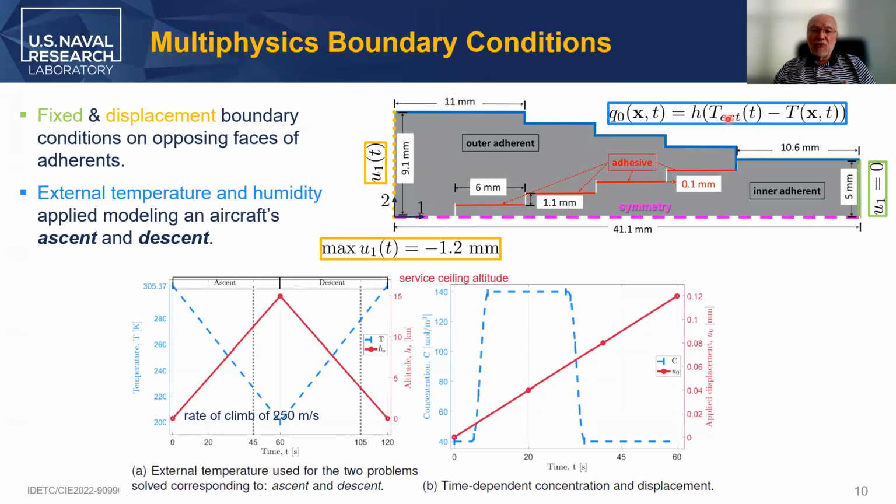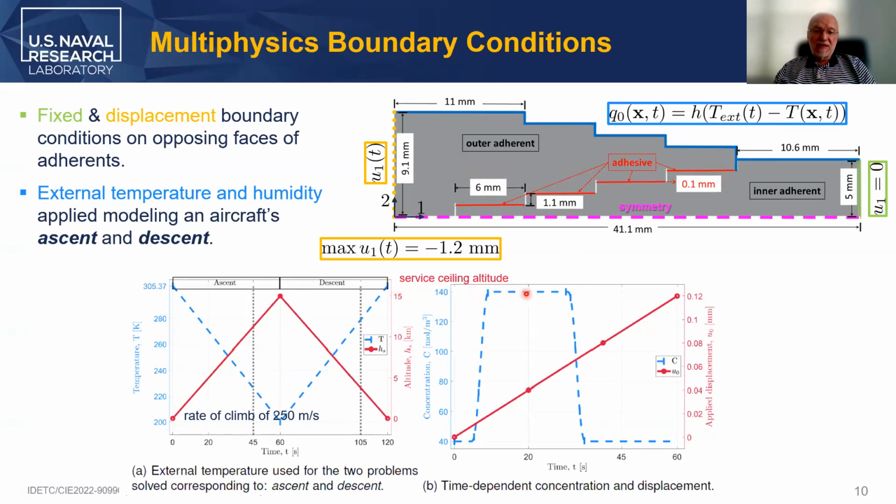The flux we use really also itself is a convection-based one, and the temperature depends obviously on the altitude, and the convection coefficient also depends on the altitude.